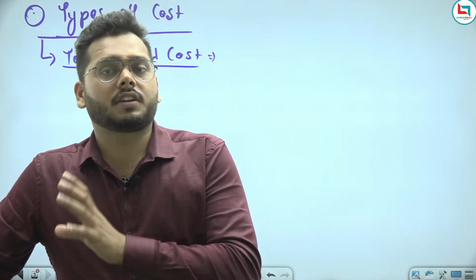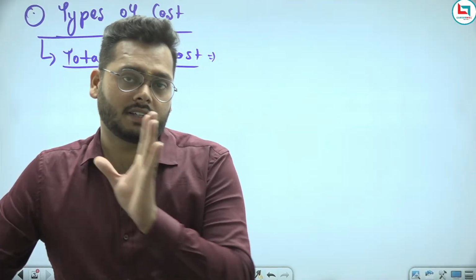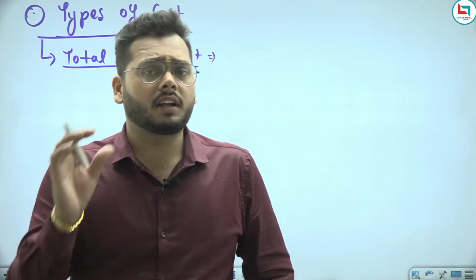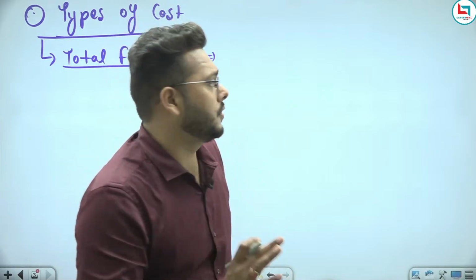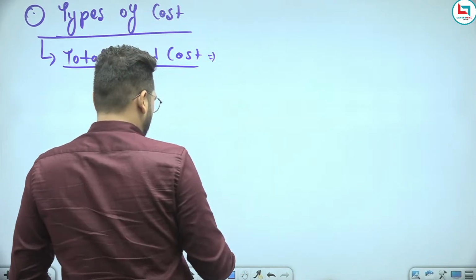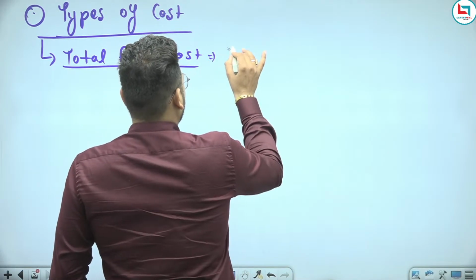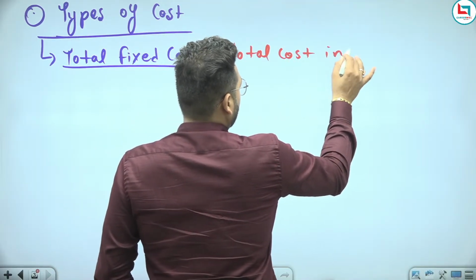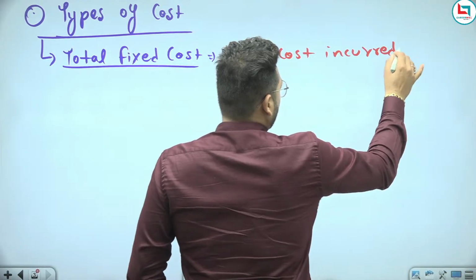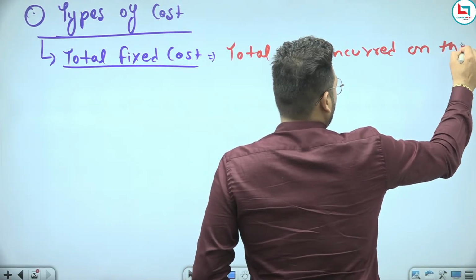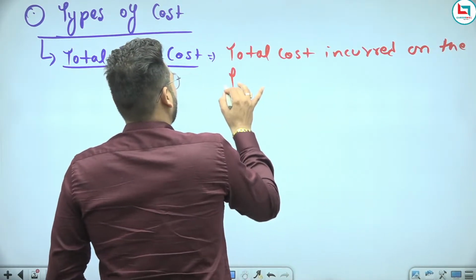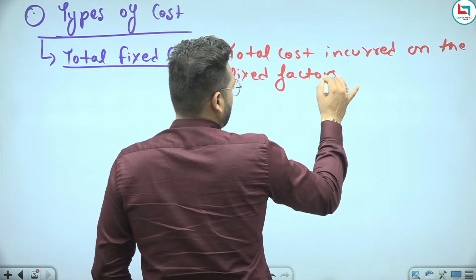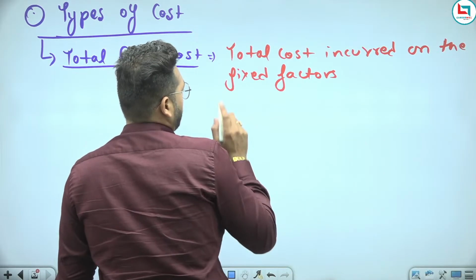The cost incurred on the fixed factors is called total fixed cost.